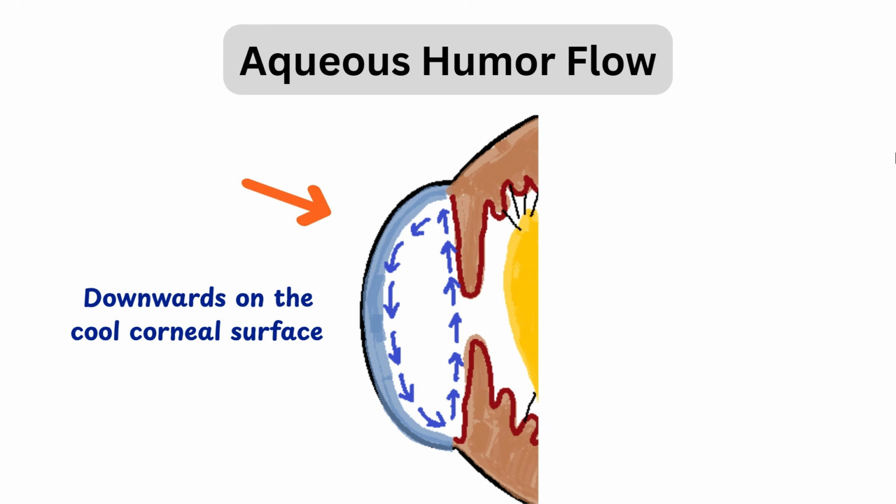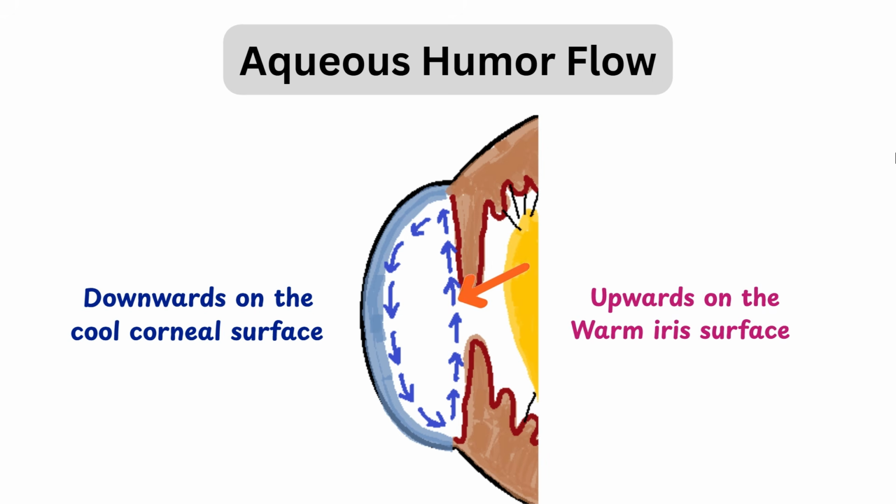Since the anterior part, that is the cornea, is cooler due to evaporation of tears from the corneal surface and also because of the avascularity of the cornea, the aqueous convection currents move downwards on the endothelium. The posterior part, we have the iris, and the iris has vascularity, because of which that area is warmer, and therefore the aqueous humor flows in the upward direction.